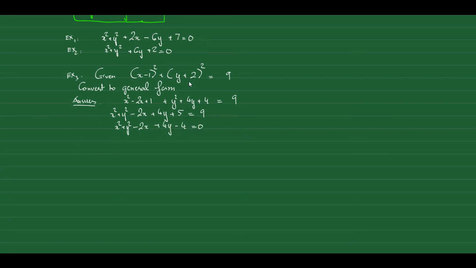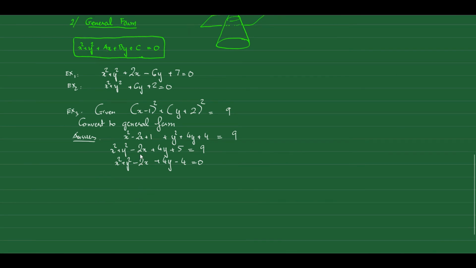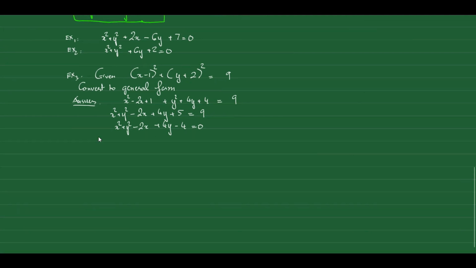Now you see your a value will be negative 2, right? Your b value will be 4. And your c value will be negative 4. So it's very easy to convert from standard form to general form. However, what if I want to go from general form to standard form?